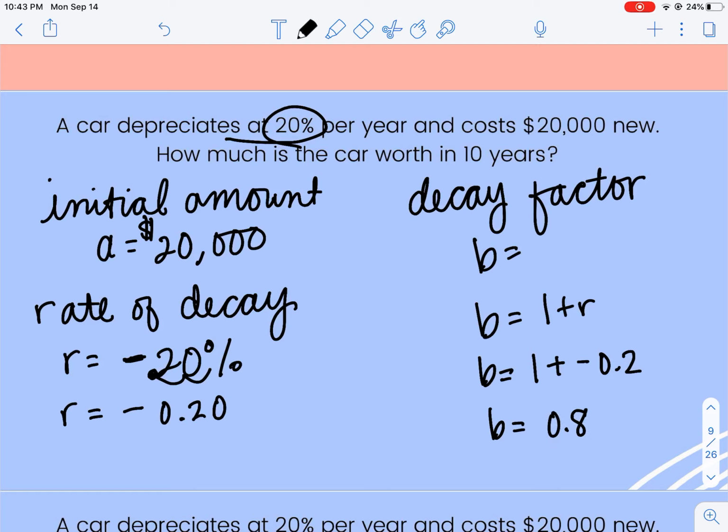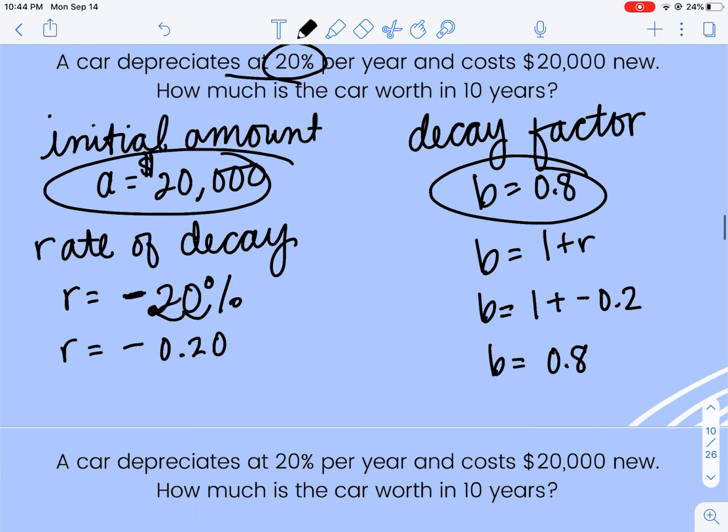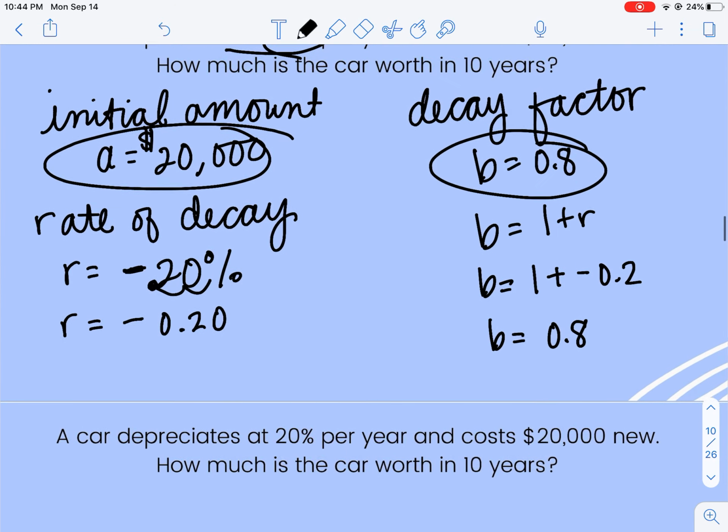Our decay factor is 0.8 or 80%. Or think of it this way, our car holds 80% of its value. It depreciates at 20% per year, but it holds 80% of its value. So we've got A, we've got B. Let's do some math with this.